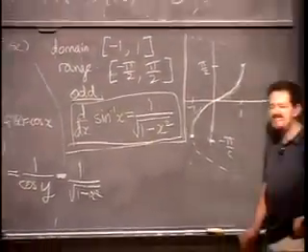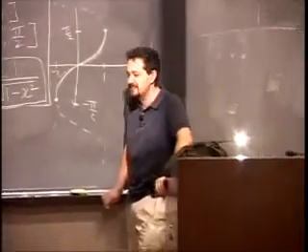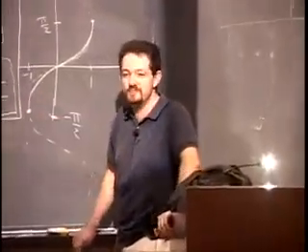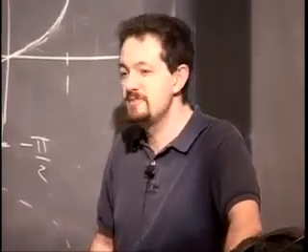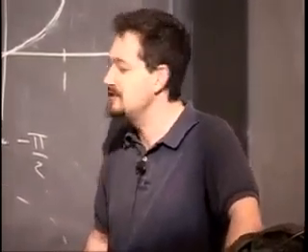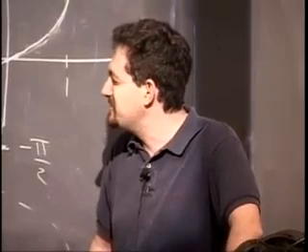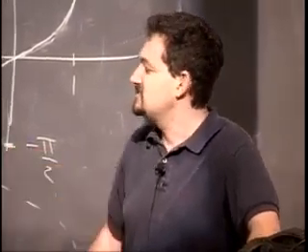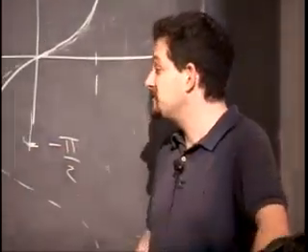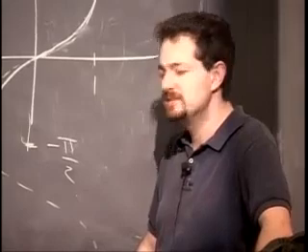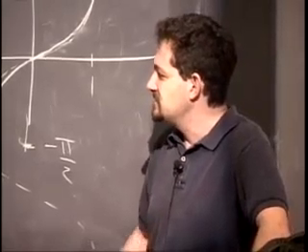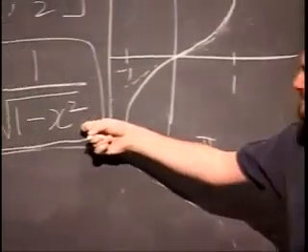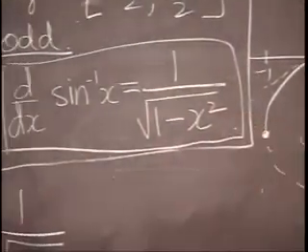It doesn't look anything like inverse cosine of x. In fact, it doesn't have any trig in it at all, which is kind of nice. Actually, the derivative of log x didn't have any e's in it. It was just 1 over x. So the derivative of inverse sine is just 1 over square root 1 minus x squared. Sort of surprising, but that's how it turns out. So this is just the cosine and the identity all sort of wrapped into one.